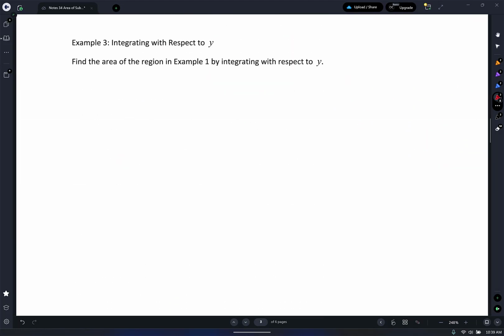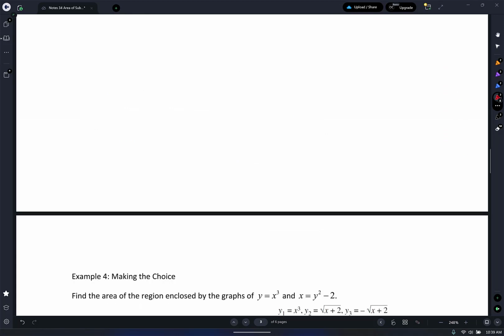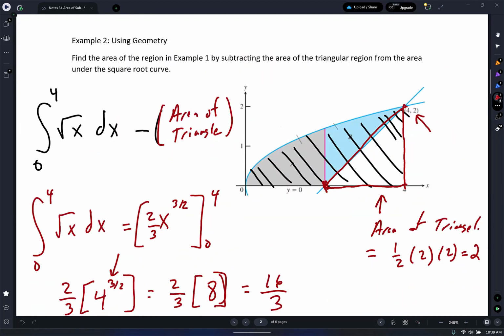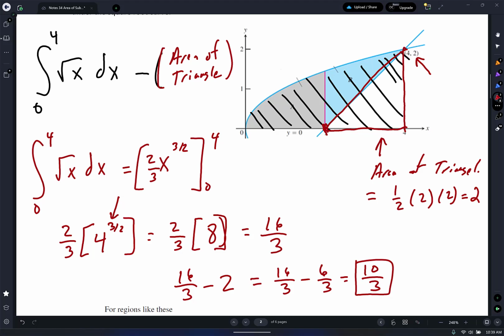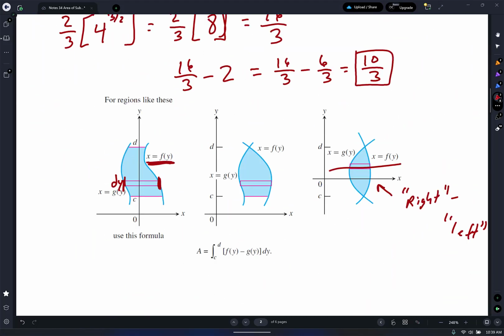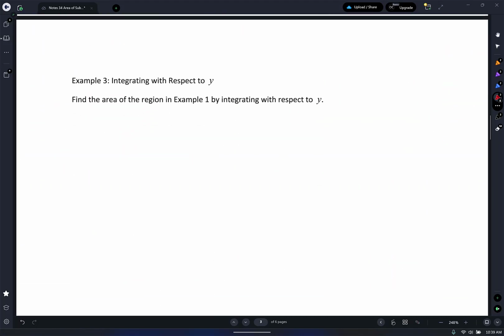Find the area of the region, example 1, by integrating with respect to y. Again, I'm doing the same thing, guys. I'm finding this area again. I should have copied it and pasted. I'm sorry. Let me see if I can draw it really fast. I didn't do a very good job.